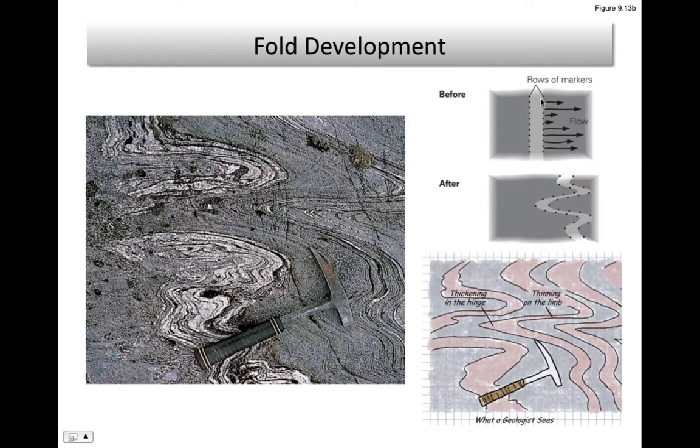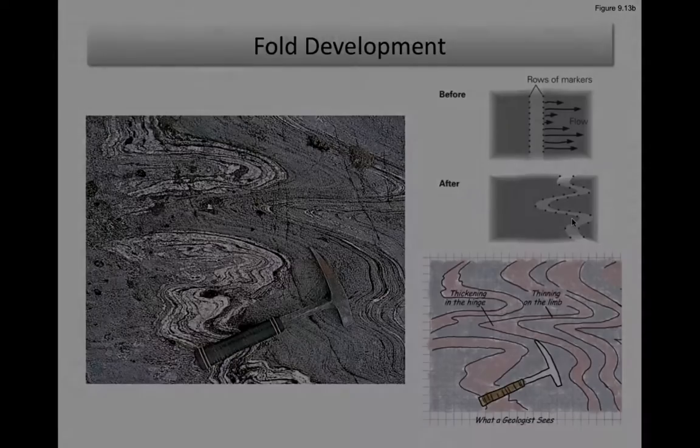And the other part is each point we see here will travel different directions, right? Each marker point will travel different directions, giving the bed now thicker or thinner appearances here, right? So that occurs again where you have more heat flow, ductile deformation.